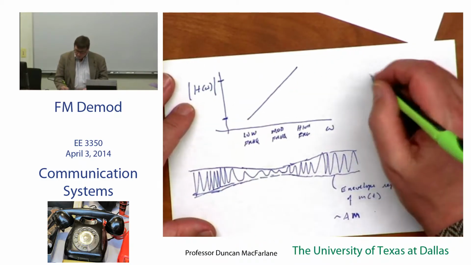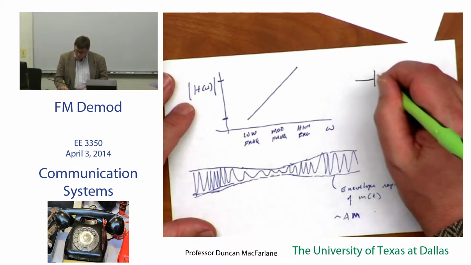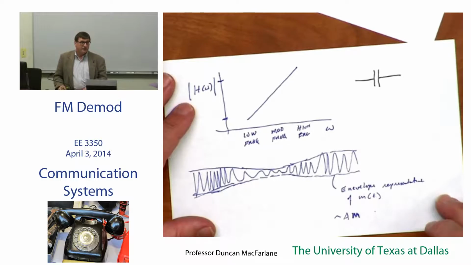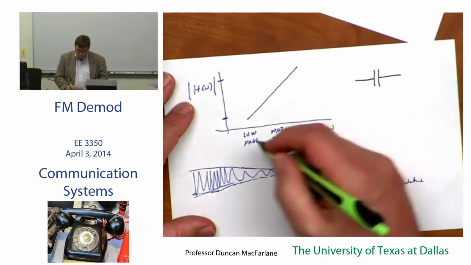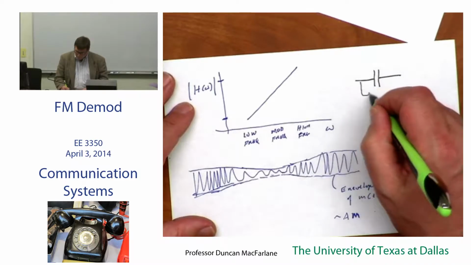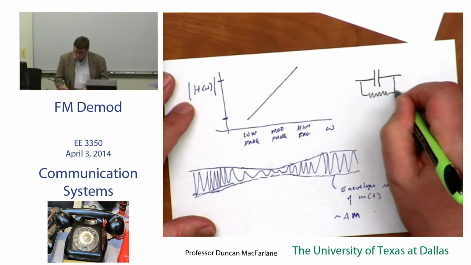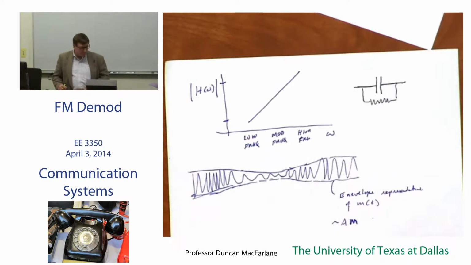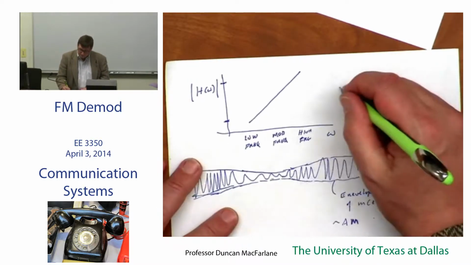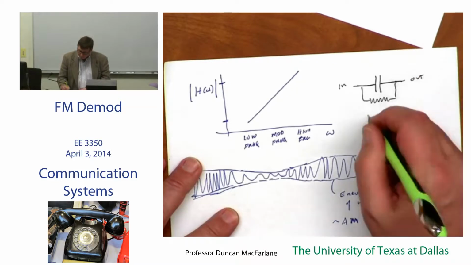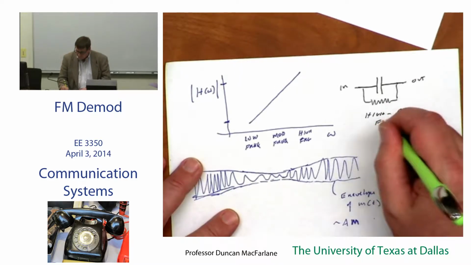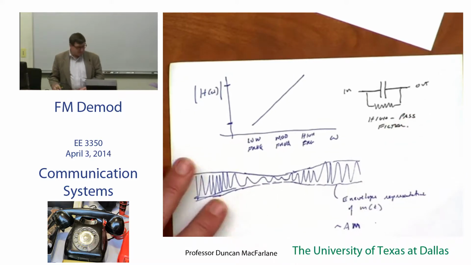So maybe I know that I need a blocking capacitor, an AC shunt, in series with my signal, and I think I can adjust the slope by putting a resistor across it, and then make that relative to. So if I have a rough input and output, I have a high pass filter. Okay?